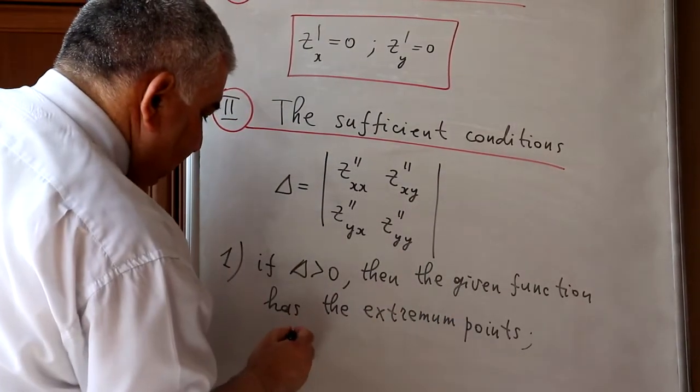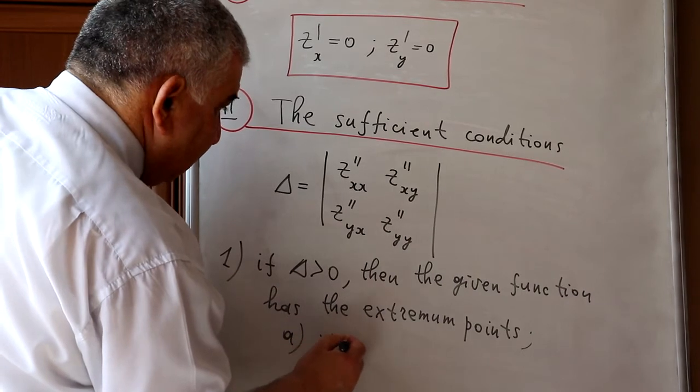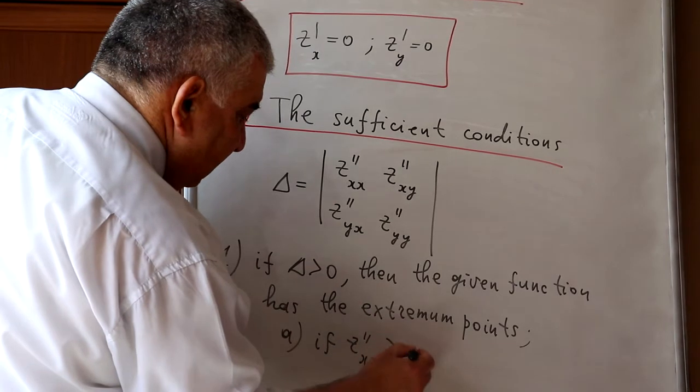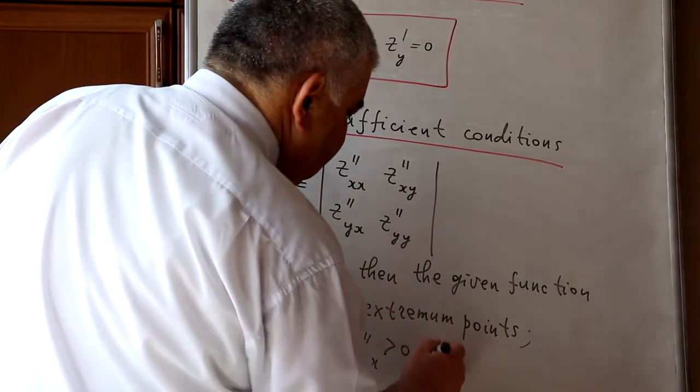But if also z2 prime with respect to x is positive, then minimum point.